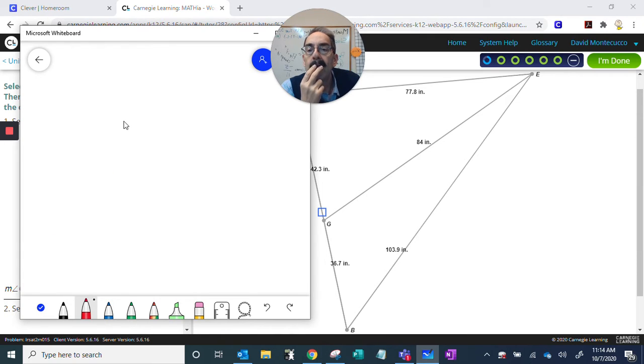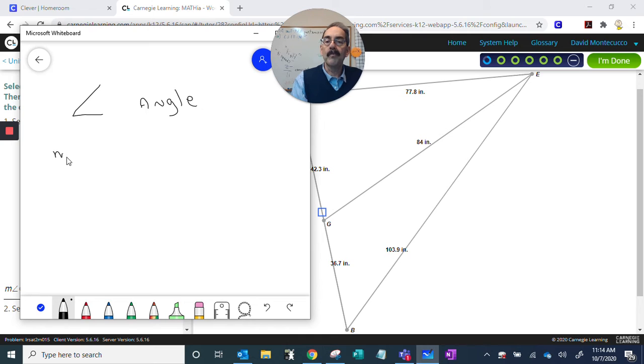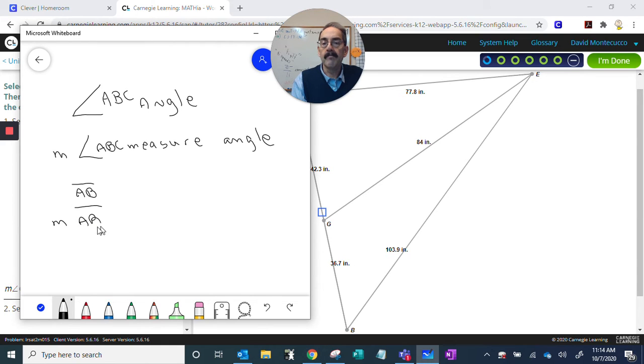Okay, so remember, it's all about symbols. Let's write that out real quick. In this case, the symbol represents an angle, right? And when we have a little m in front of it, that's the measure of the angle. And it showed us a segment, and then measure of a segment. So let's just go AB, ABC, AB.